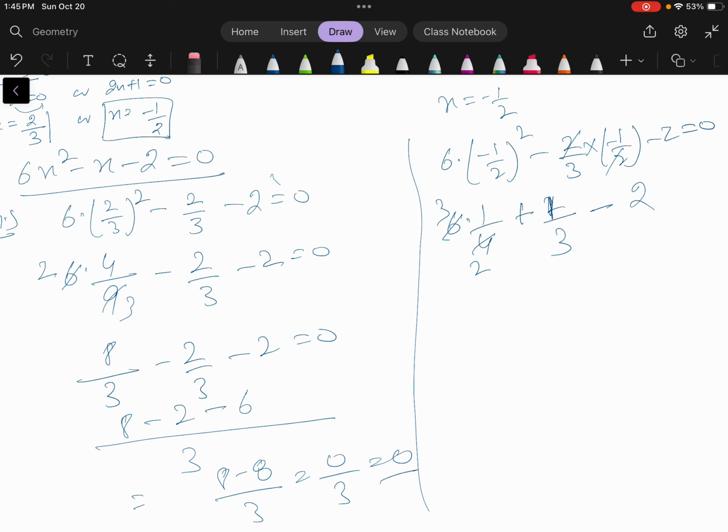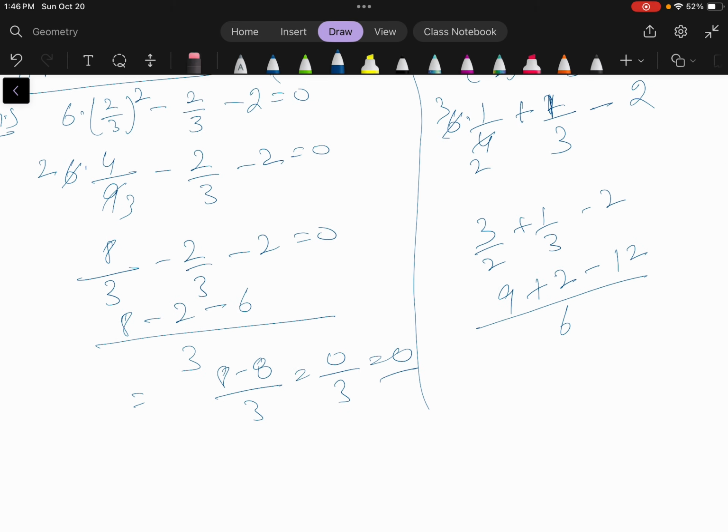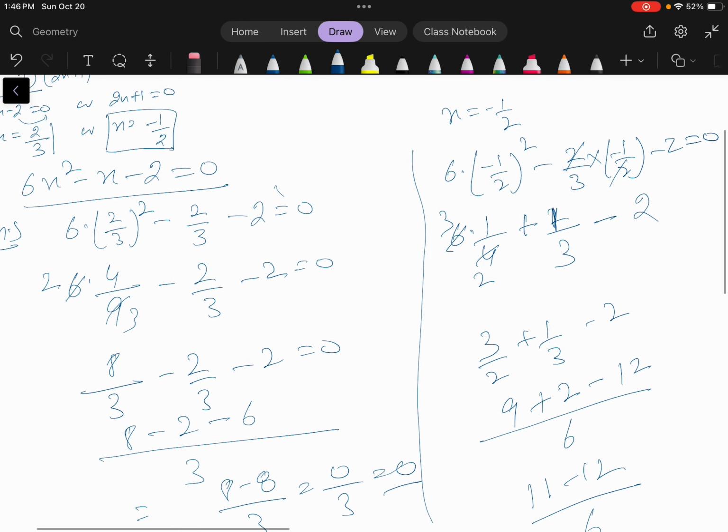We will get 3 upon 2 plus 1 upon 3 minus 2. So we will take the LCM, the LCM is 6. So this is equal to 9 plus 2 minus 12 by 6. When we solve this, the value will be 11 minus 12 by 6. But why is this value not equal?